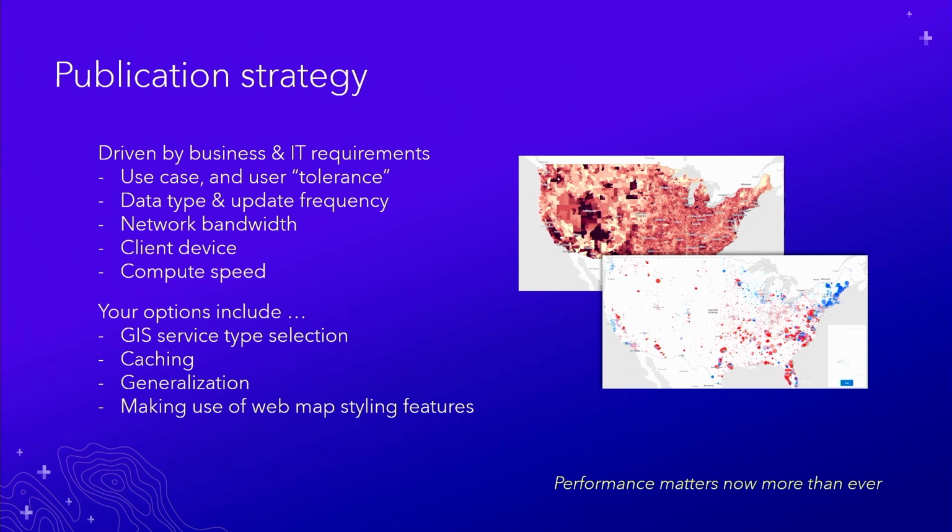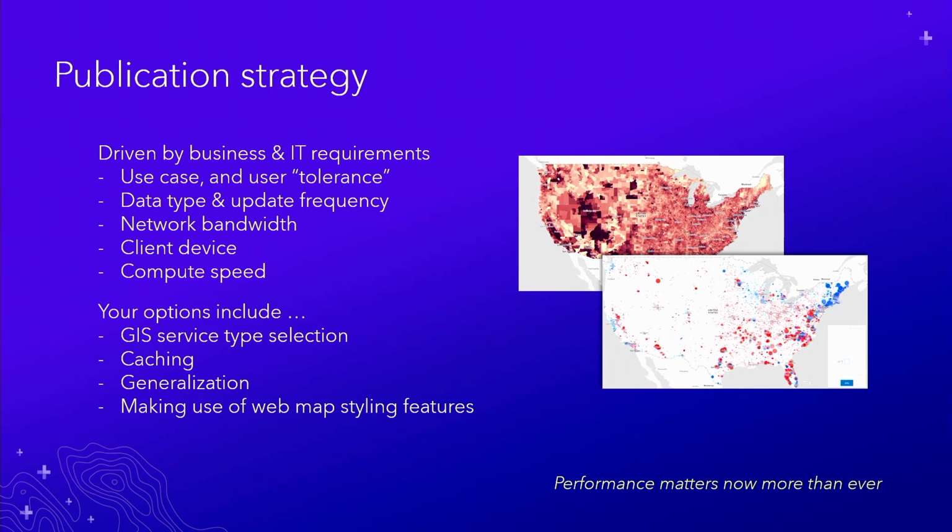And in terms of the different knobs that you can turn and the capabilities that you can bring to bear to meet that, some of the key things to be thinking about would be the type of service that you select to publish various layers as, leveraging tiles and caching to the degree that you can, and then using generalization techniques. And if you can't use on-the-fly generalization, then you can always look at pre-generalizing.